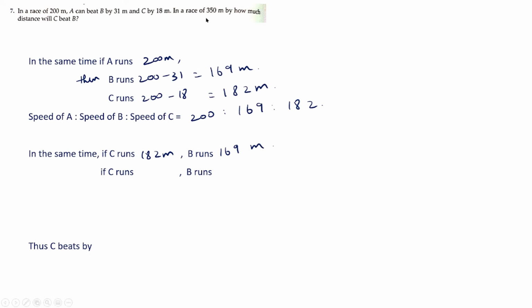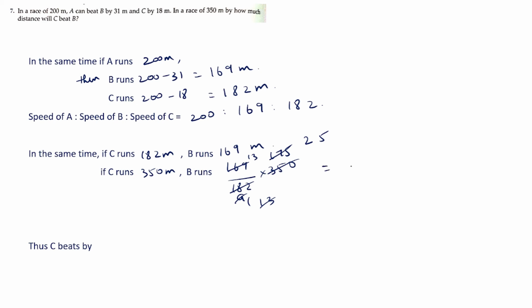In a race of 350 meters, if C runs 350 meters, then B runs 169 upon 182 into 350. So when we simplify, this will go in 7 table 13 times, and this one 25 times. 13 13s are 169.